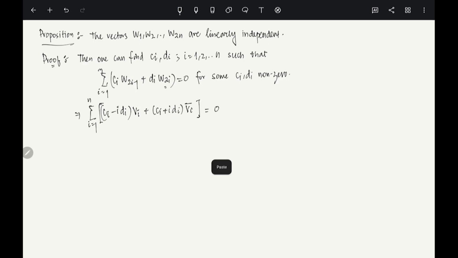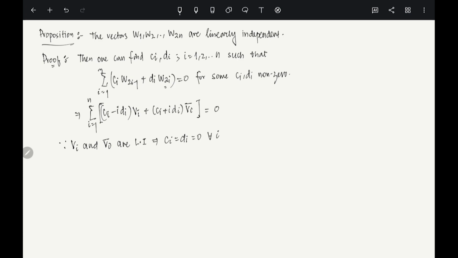What does that imply? Since Vi and Vi bar are linearly independent, then of course Ci equals plus or minus i Di. That would mean a real equals a complex, which can only happen if Ci and Di are 0. So Ci equals Di equals 0 for all i. Okay, that's a contradiction, and hence W1, W2, ..., W2n are linearly independent.